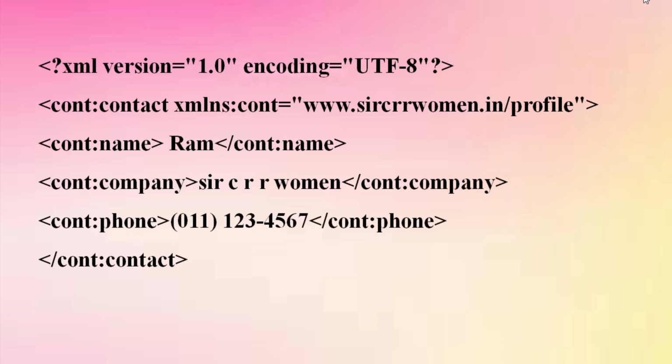This means the element names and the attribute names within the CONT prefix, including the contact element, all belong to the CRRwomen profile namespace. Here we are using different names like contact, name, company, phone, etc. For that we have taken a name prefix CONT.